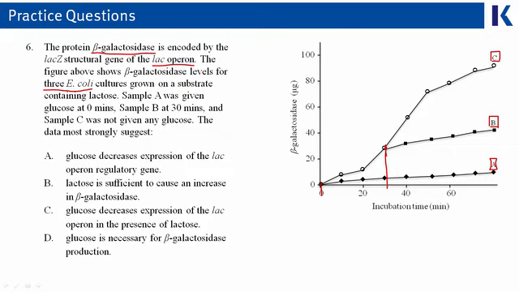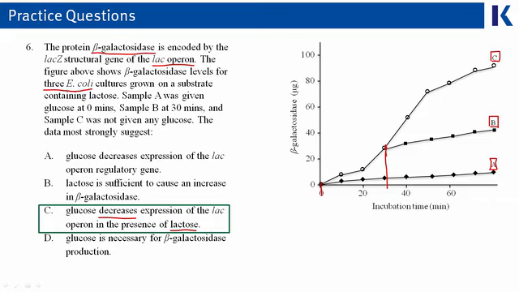Based on that prediction, what's going to be the correct answer here? The answer is C. It matches our prediction in that glucose decreases the expression of the lac operon when lactose is around. Those last few words are important because we are told in the question stem that the substrate contains lactose in the first place.